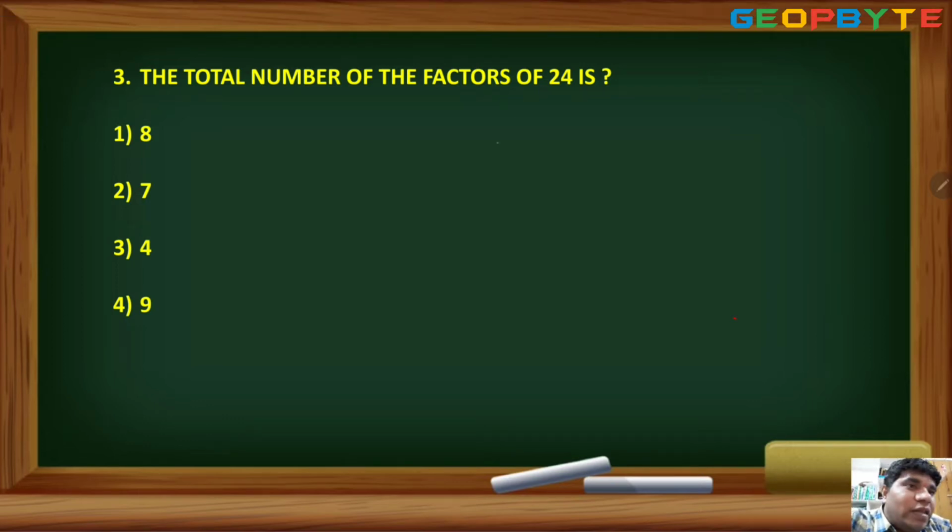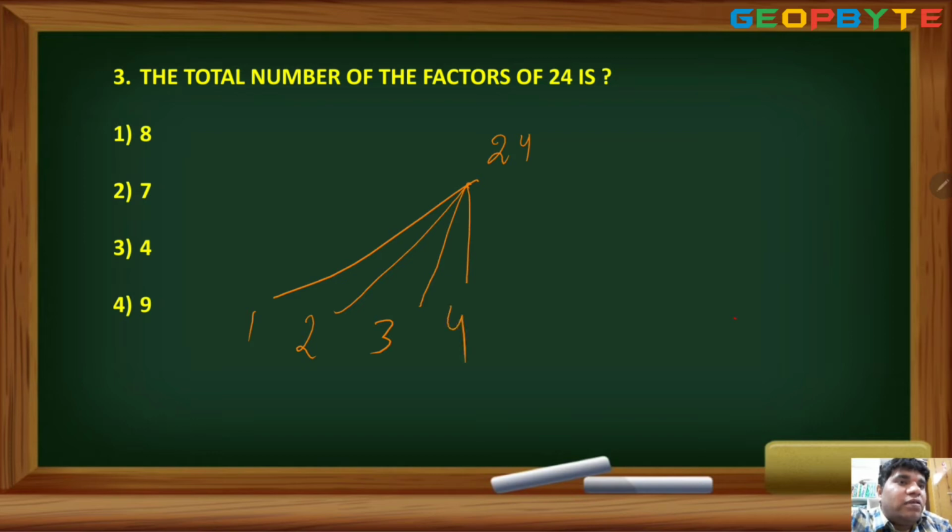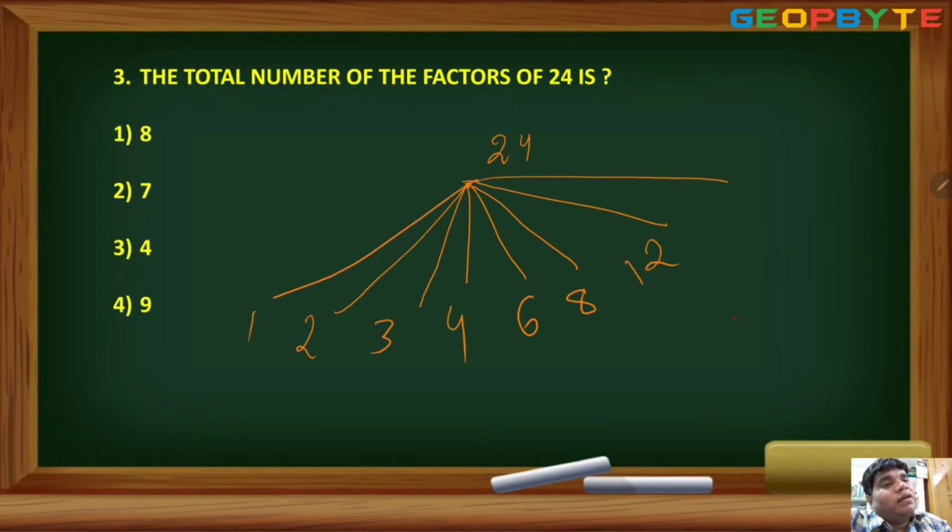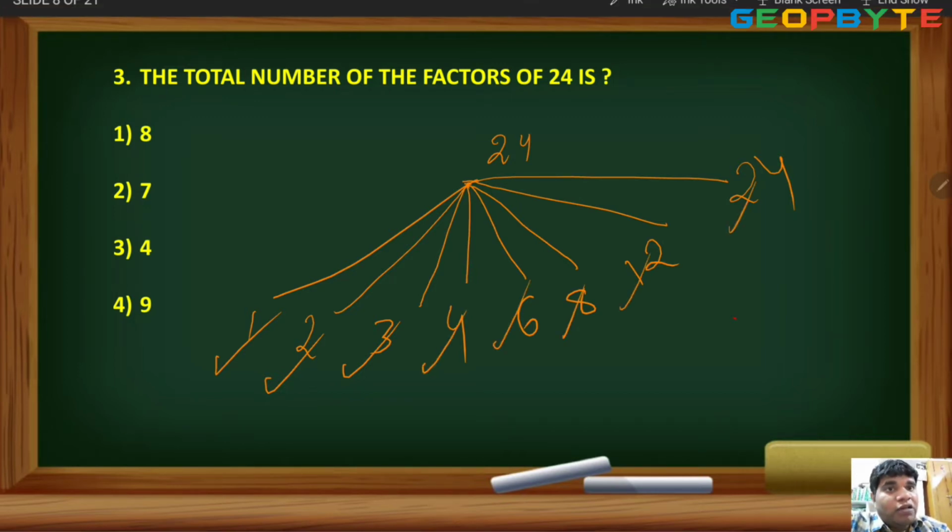First, the original method: 24 divided by 1, 24 divided by 2, 24 divided by 3, divided by 4, divided by 6, divided by 8, divided by 12, divided by 24. Total how many? 1, 2, 3, 4, 5, 6, 7, 8. Answer okay.